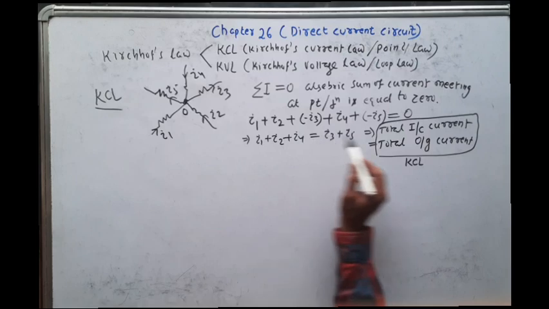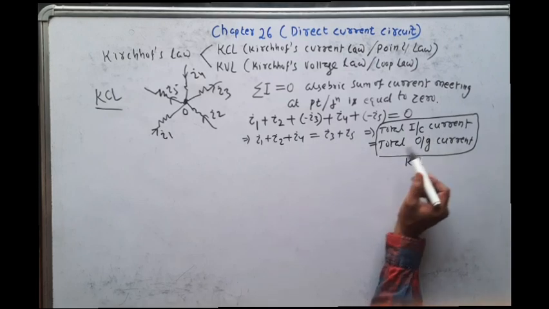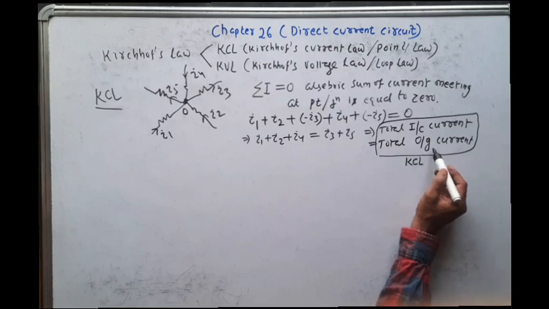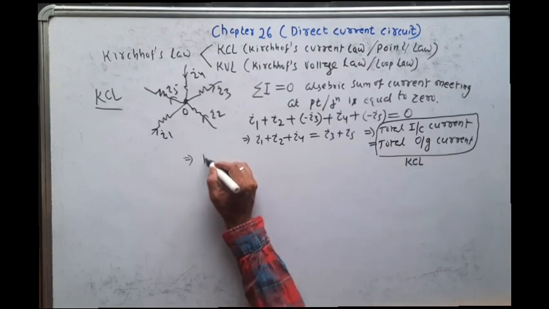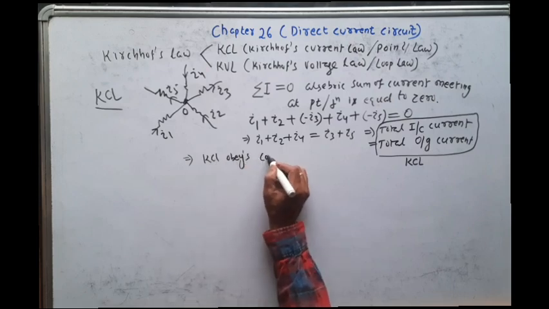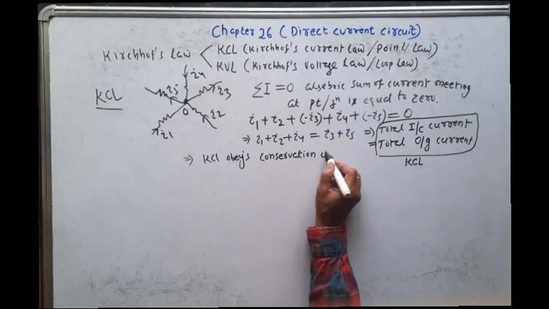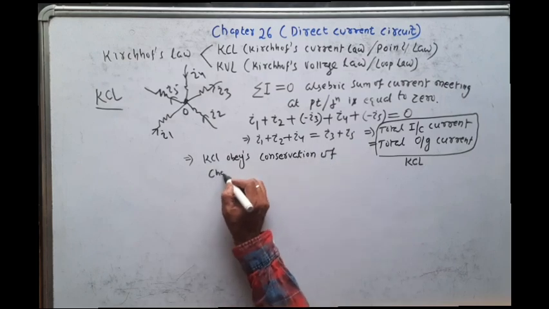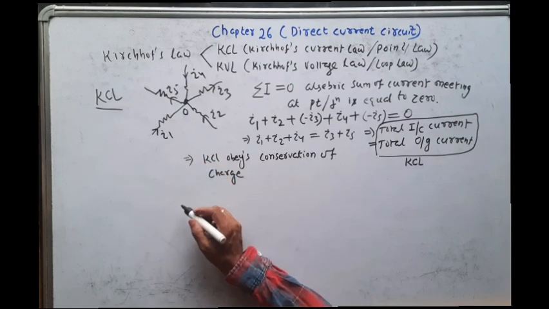Or you can say the total incoming charge per second is equal to total outgoing charge per second. That indicates KCL obeys the conservation of charge. Based upon the conservation of charge, KCL is defined.